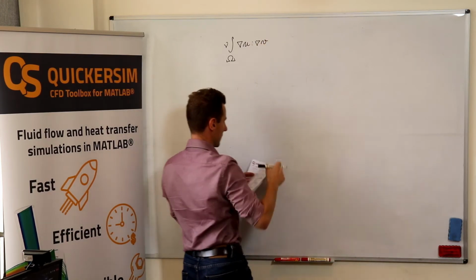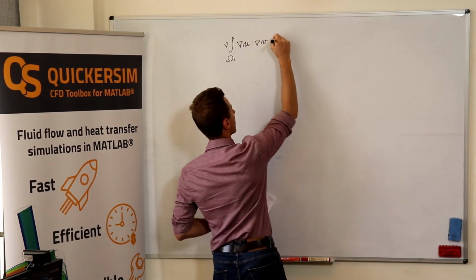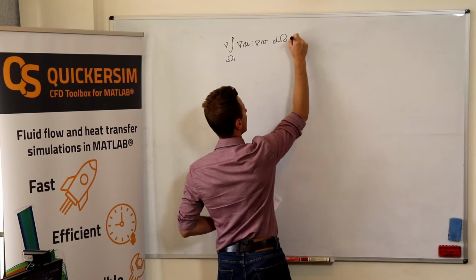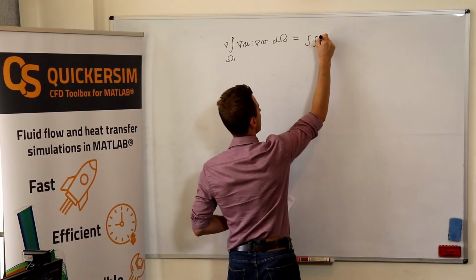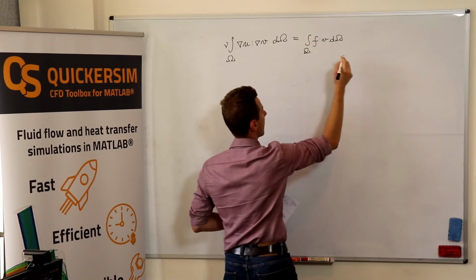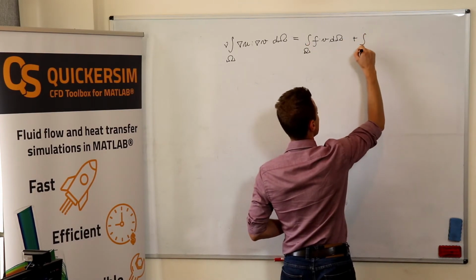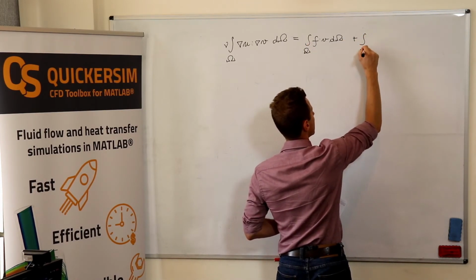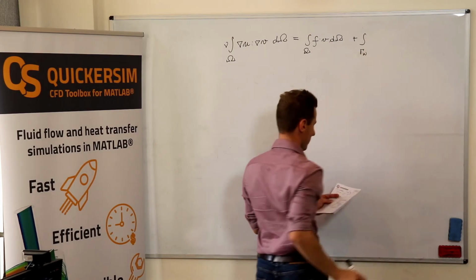The diffusion matrix equals the right-hand side vector plus the Neumann boundary term.